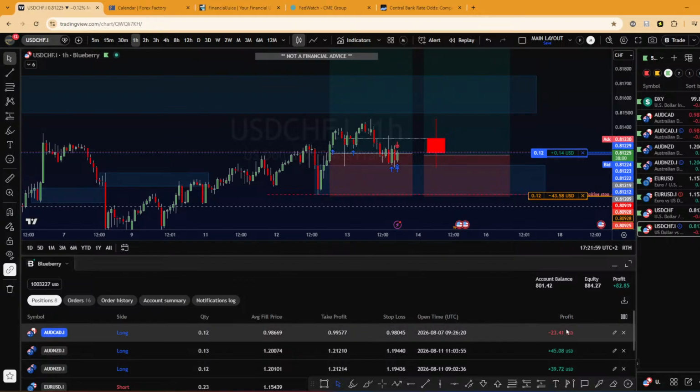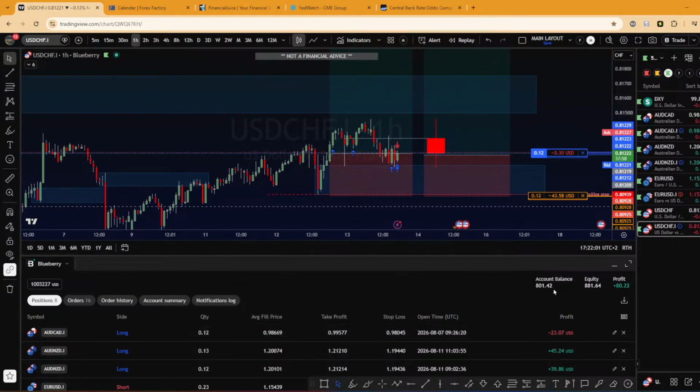I readjusted my positions. I close a couple of trades, those with a bad risk reward, and I re-enter with a better entry, and I stick to my trade, my initial trade.